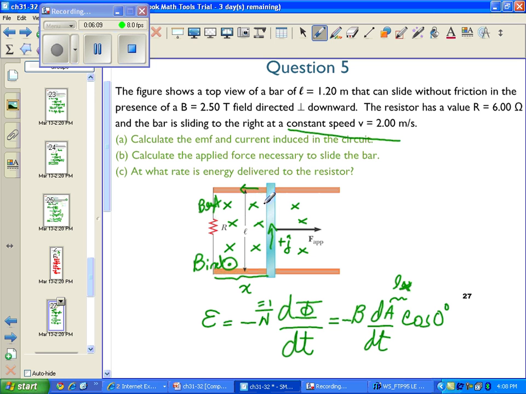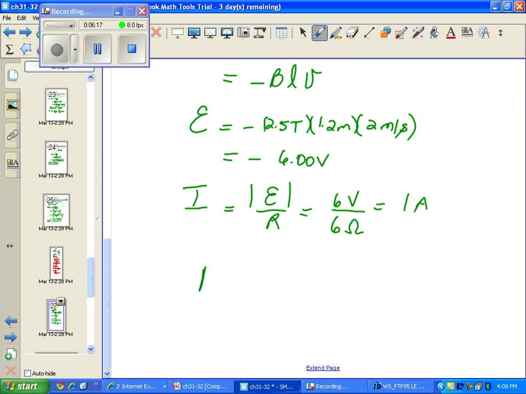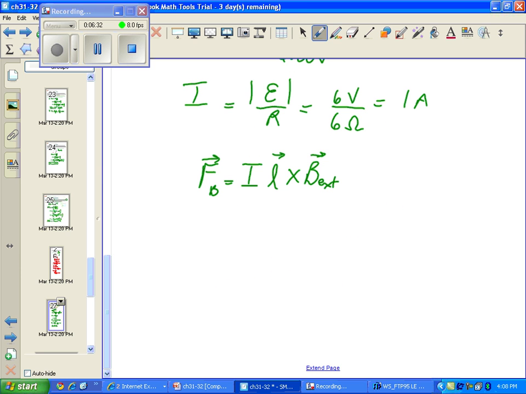The external magnetic field is in the minus k hat direction. And if you recall, FB, chapter 29, was equal to I times L cross B, where B is the external magnetic field, not the one which is induced.